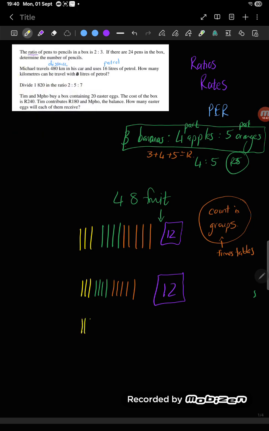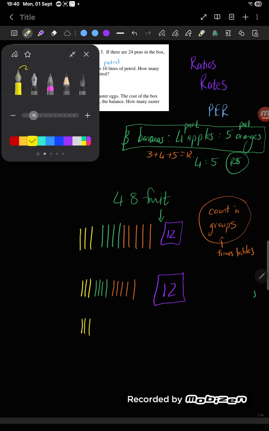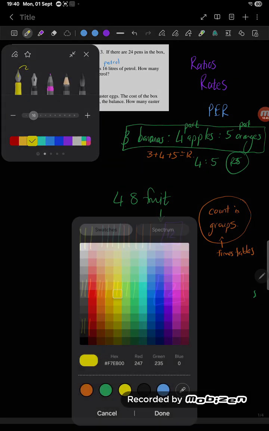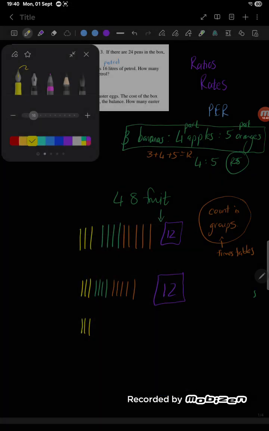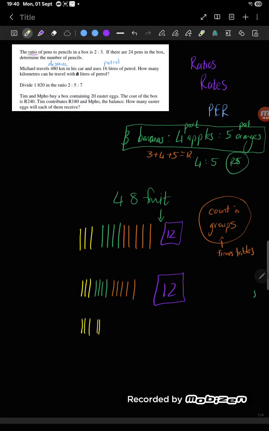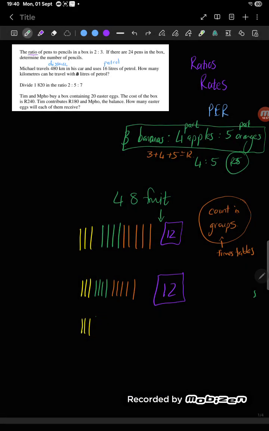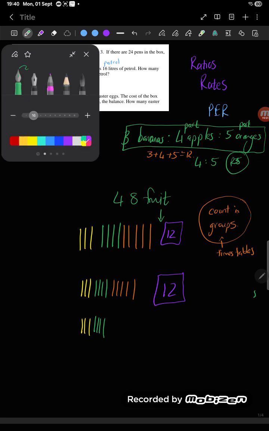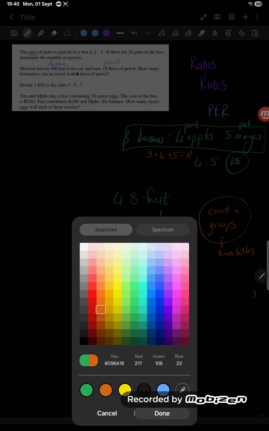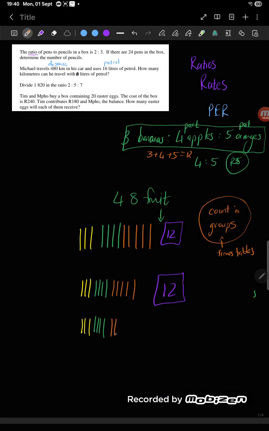Then I got another 3 bananas. 4 apples. 1, 2. You're gonna be so healthy. You're gonna be wanting bananas and apples for dessert after this. 1, 2, 3, 4. Then I've got 5 oranges. 1, 2, 3, 4, 5. And in total I've got 12 in that bundle.